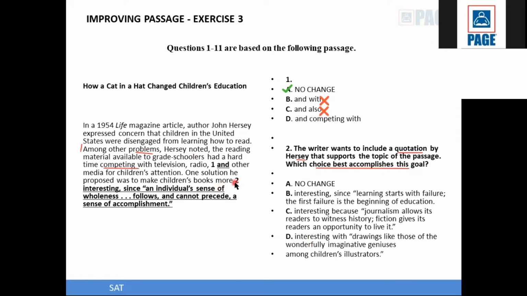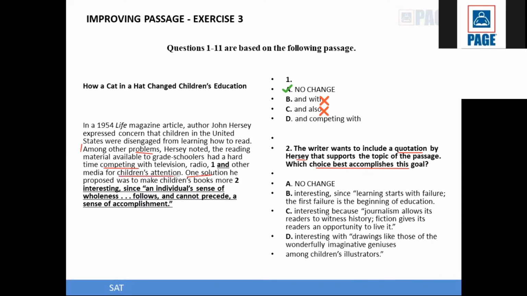Here, the second sentence is given. You look at the start of the sentence: one solution Hershey proposed was to make children's books more interesting, since that is the quote. Now, in the previous sentence, what do they talk about?